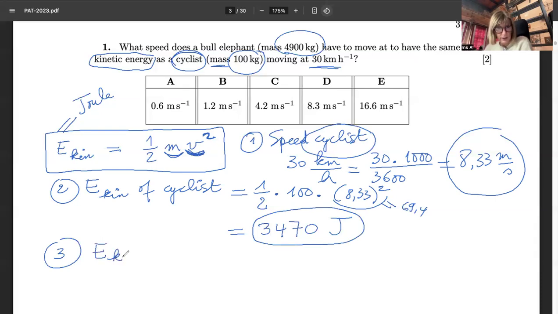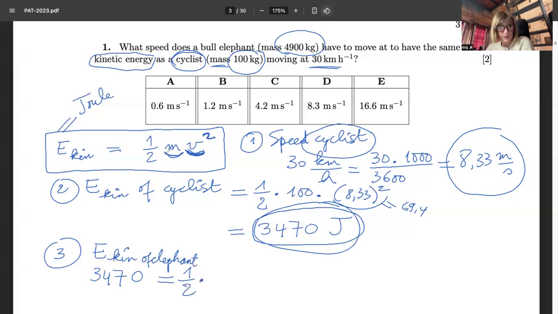So I have the kinetic energy of the elephant, that this is what I want to find. So it's going to be this, right? So 3,470 joules is, and then I'm going to put my formula. I take now the mass of the elephant, which was 4,900.